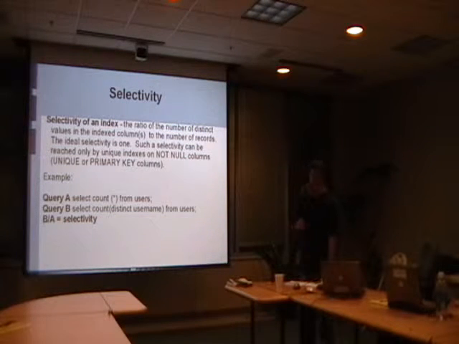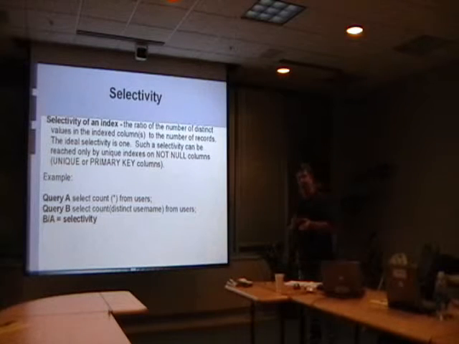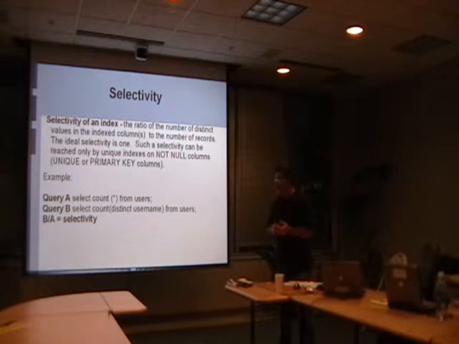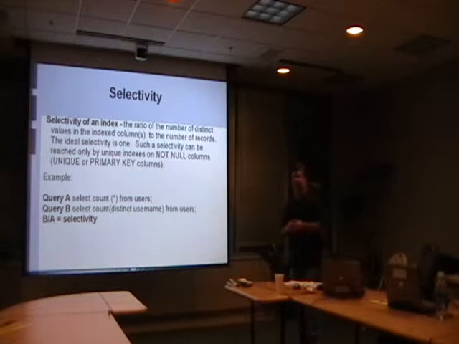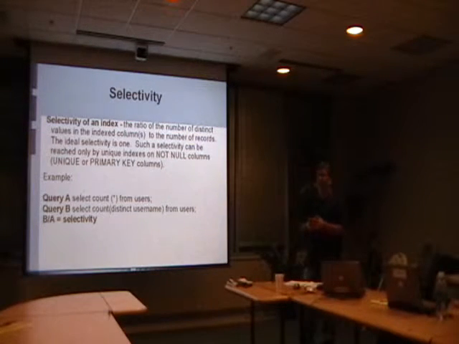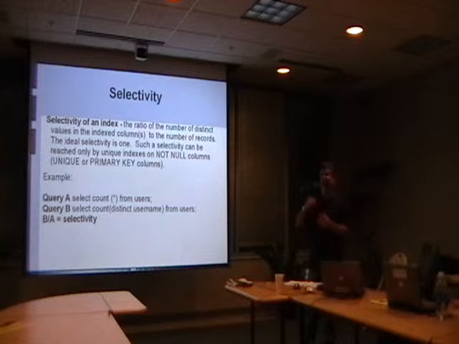I've not seen a hard figure for this, but the numbers that I have seen are that the optimizer in MySQL will not use an index if the selectivity on it is around 25 to 30% or less. Okay, so that'd be like 0.25 to 0.3 or less. It won't use it. It'll use a full table scan instead, because it thinks, and this almost always is right, that that's going to be faster than doing all those lookups.